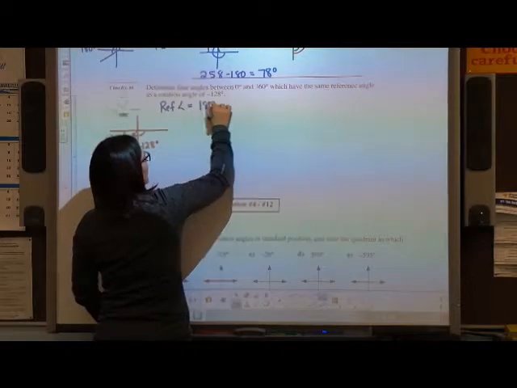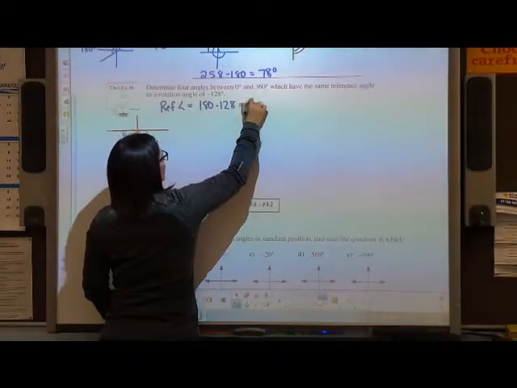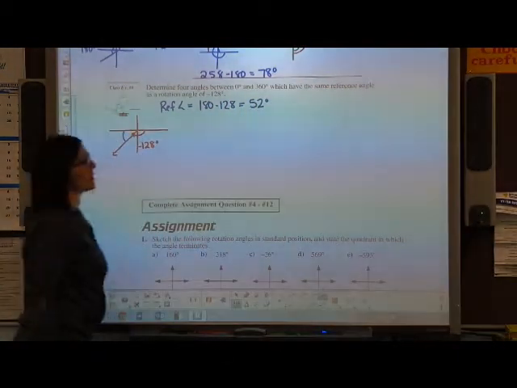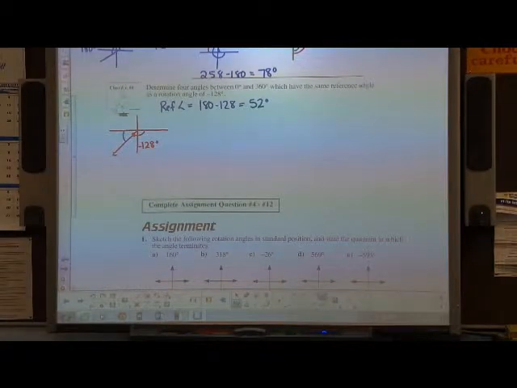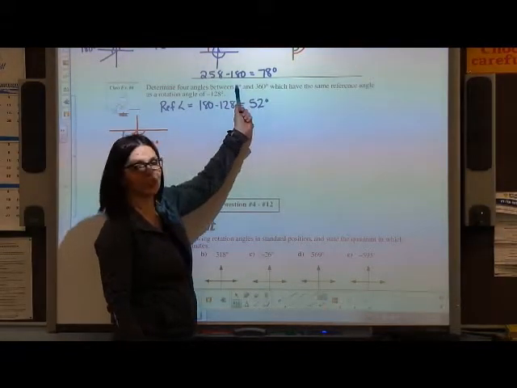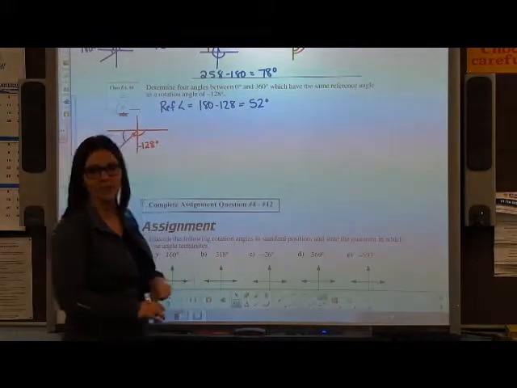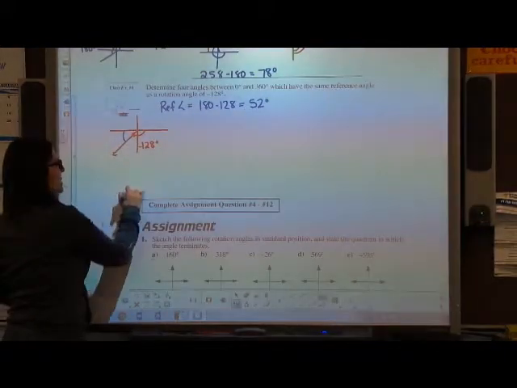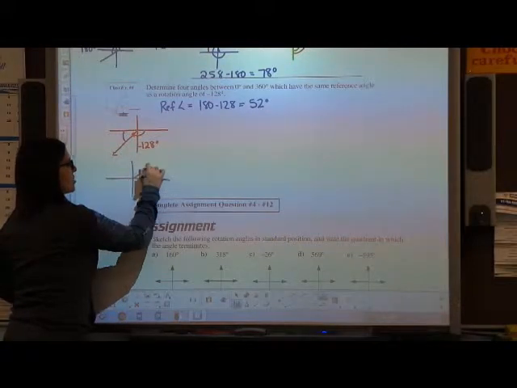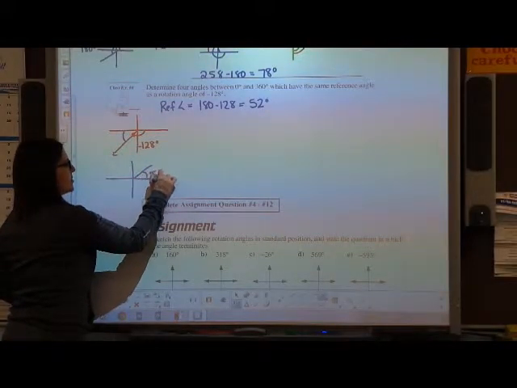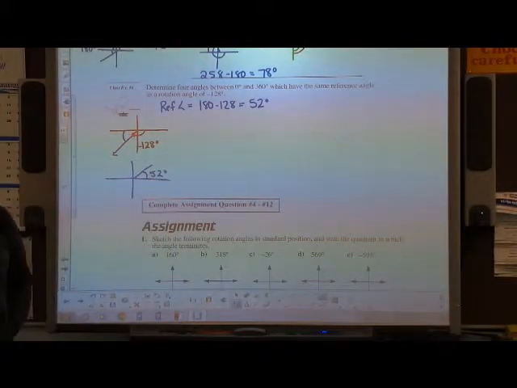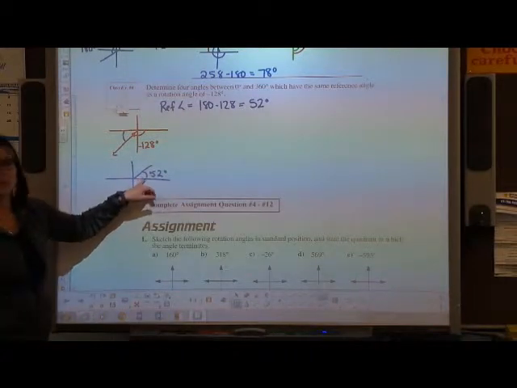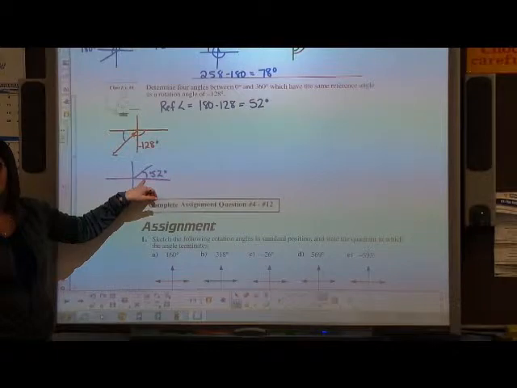Okay, and what did you get? 52 degrees. So that's my reference angle. So what I'm asking for is 4 rotational angles that would have the same reference angle. So let's start off with a reference angle at 52 degrees in the first quadrant. If my reference angle is 52 degrees in the first quadrant, what's my rotation?